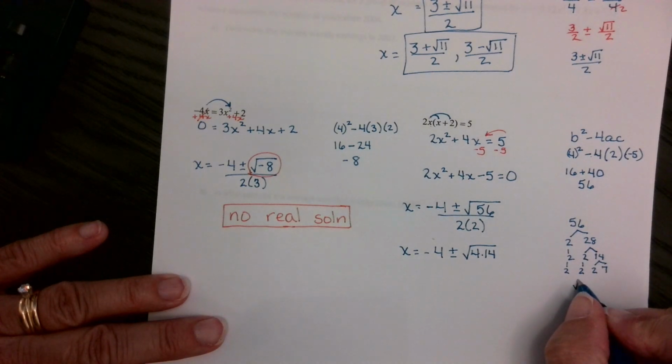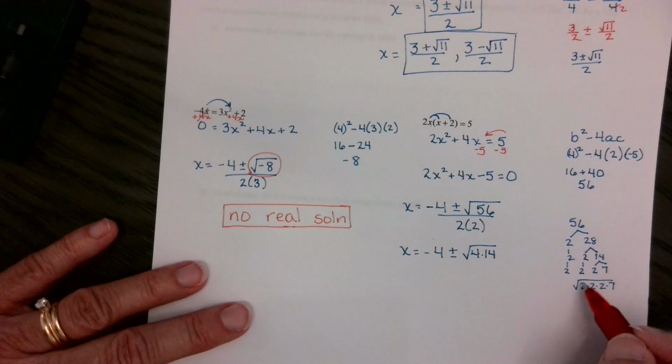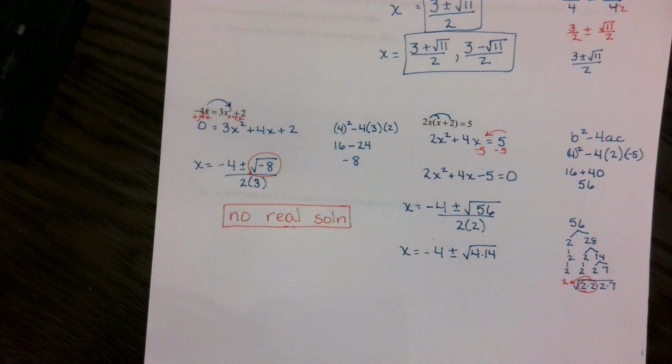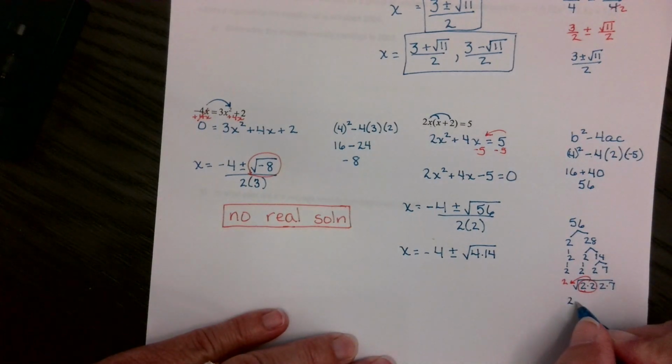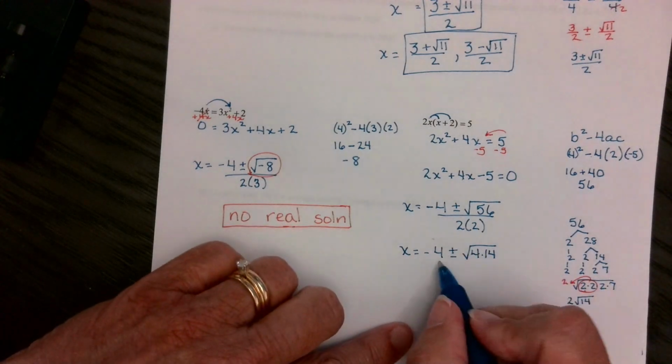So underneath the radical, we have 2 times 2 times 2 times 7. Well, because it's square root, you need 2 of each number to bring 1 out, because 2 times 2 is 4, square root of 4 is 2. So I have 2 on the outside, and I have 2 times 7, which is 14 on the inside, and that's what this is going to give me.